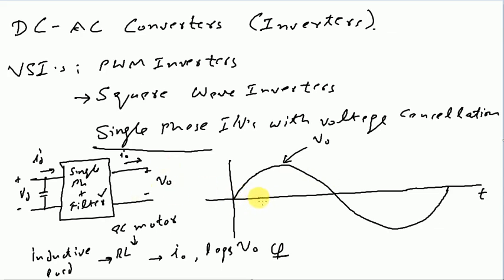Let me try and redraw it. If we further extend it, this is my current waveform, that is I naught. That is because of the inductive load or a practical AC motor that we have, that it will have some certain lag with respect to the output voltage waveform.